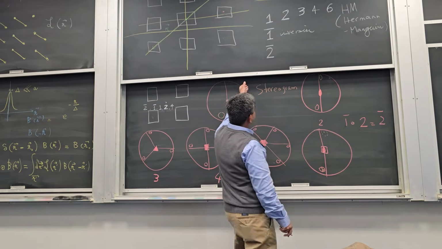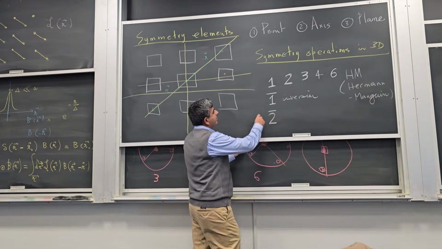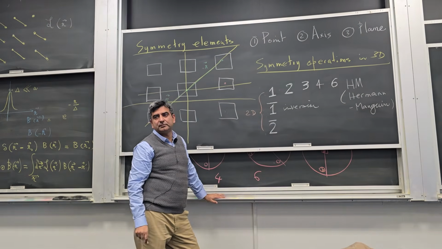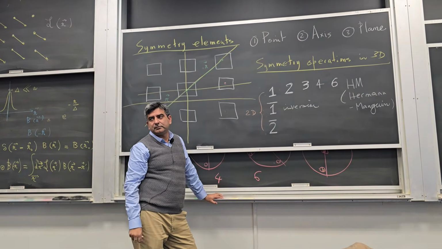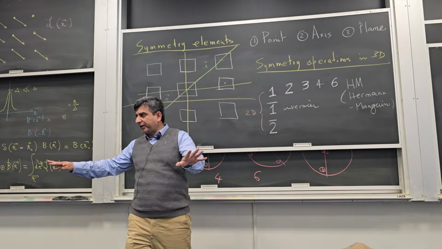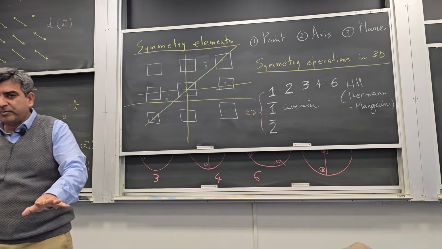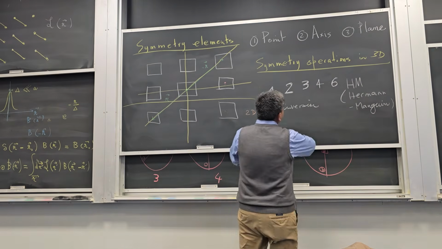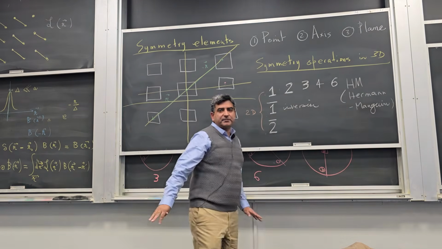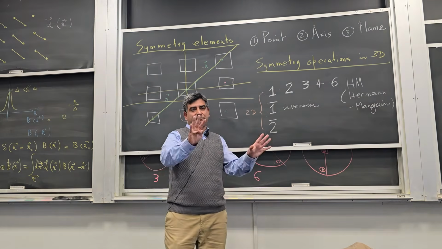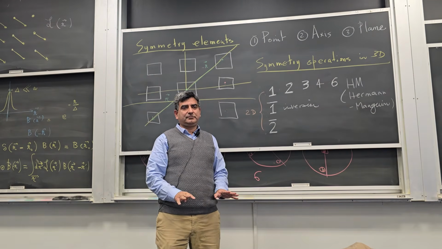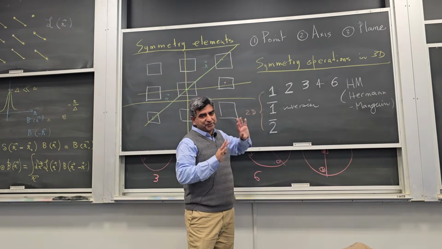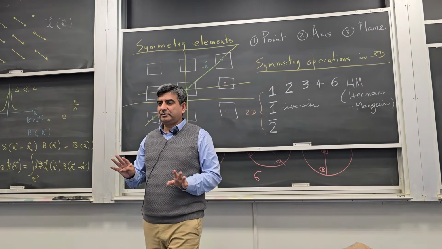So these 7 symmetry operations are valid in 2D. An arrangement of points, which is a lattice, an arrangement of polygons, an arrangement of patterns will have one of these 7 symmetry elements or more. Every one of these objects will have this trivial operation as a symmetry operation.